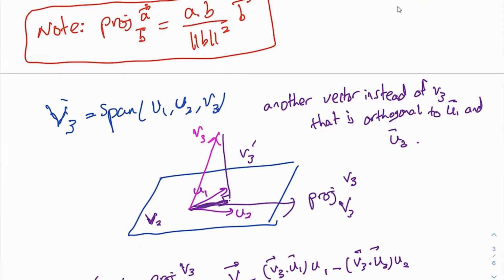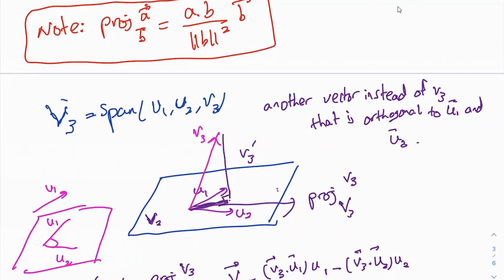So we have two vectors already, U1 and U2. These two vectors will span a plane, right? One vector U1 spans a line, and two vectors U1 and U2 will span a plane. And this is the plane that I have here, denoted by subspace V2. So V3 is not in this plane, otherwise it could be represented by a linear combination of U1 and U2. So V3 is somewhere here.